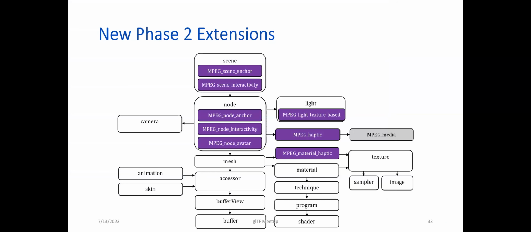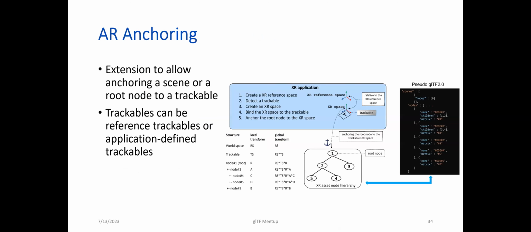The extensions in phase 2 are done to add support for AR, for interactivity, for dynamic lighting, for avatars, and for haptics. And hopefully we also managed to add support for more 6DoF, more immersive audio. And I'll talk to that in a bit.